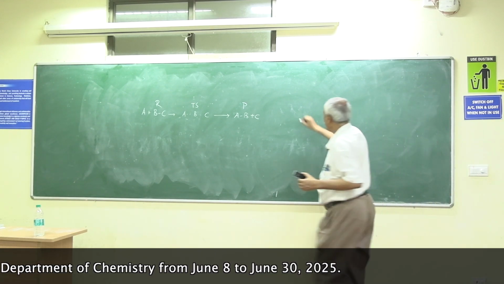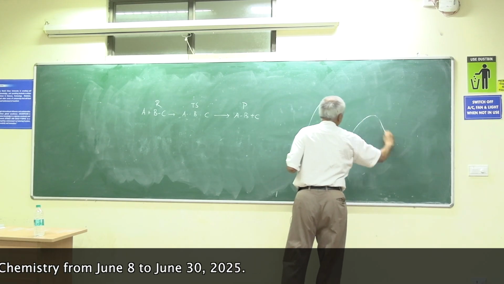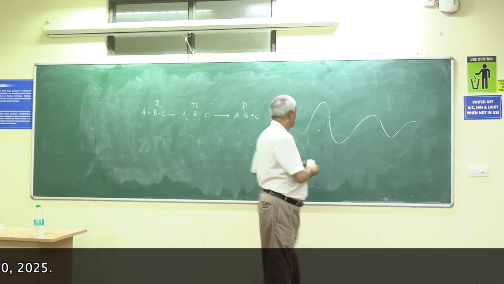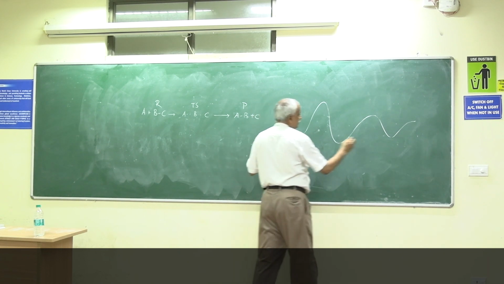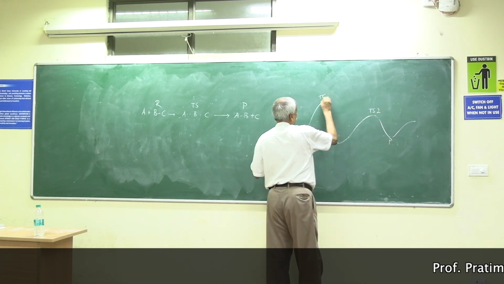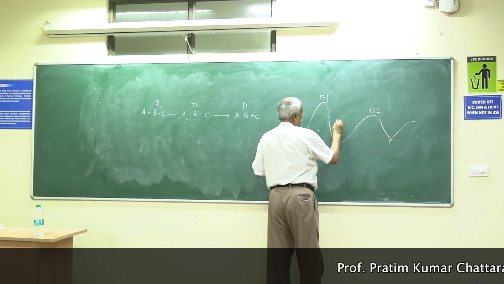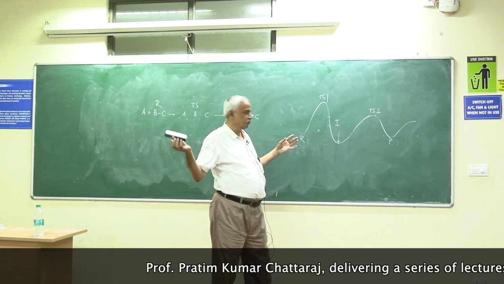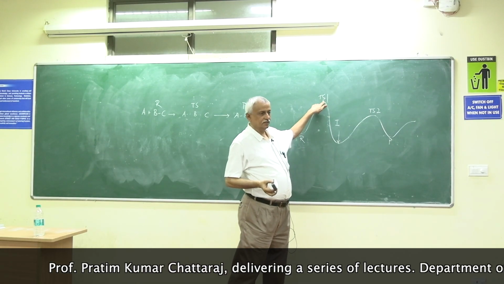So if I plot it, I may get it like this. I have reactant, product, transition state 2, transition state 1, and this one another minimum, which we will call an intermediate. Many people get confused between the intermediate and the transition state.